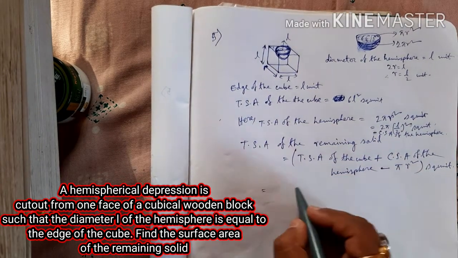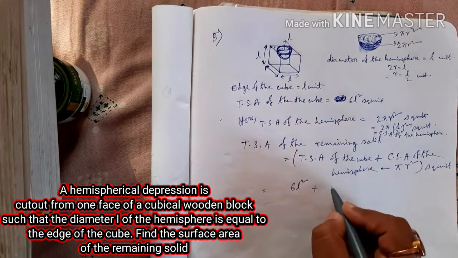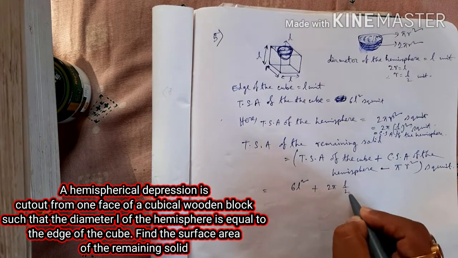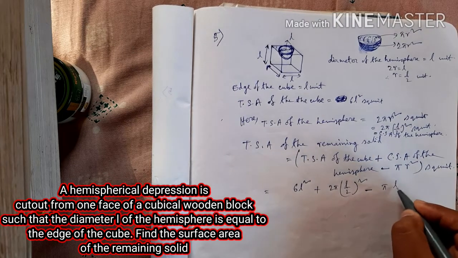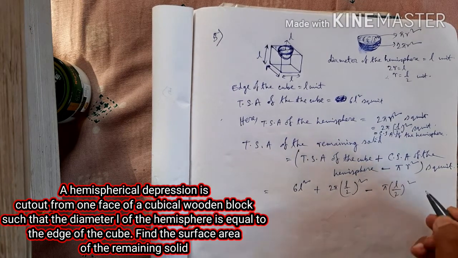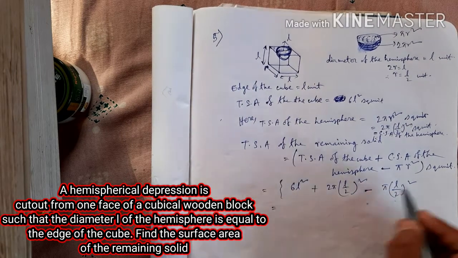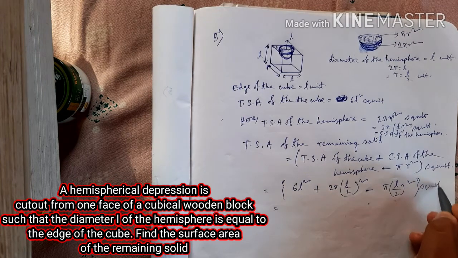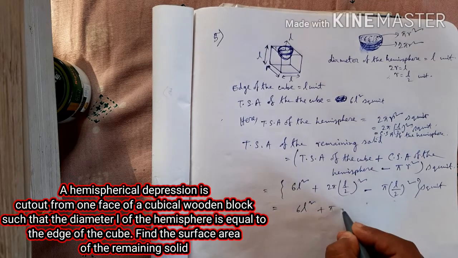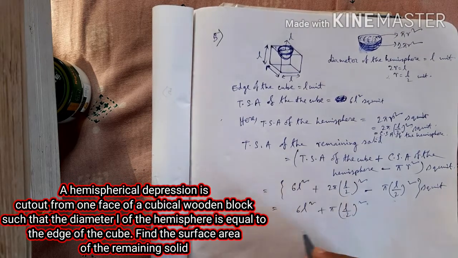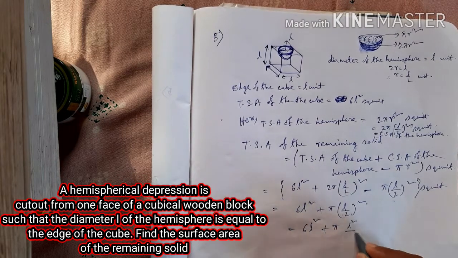Now the total surface area of the cube is 6L square plus the curved surface area of the hemisphere is 2 pi L by 2 square minus pi r square, means pi L by 2 square. Okay, now 2 pi L by 2 square minus pi L by 2 square gives us pi L by 2 square, that is 6L square plus pi L square by 4.